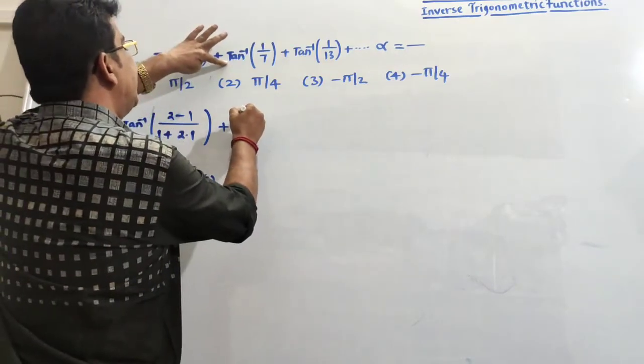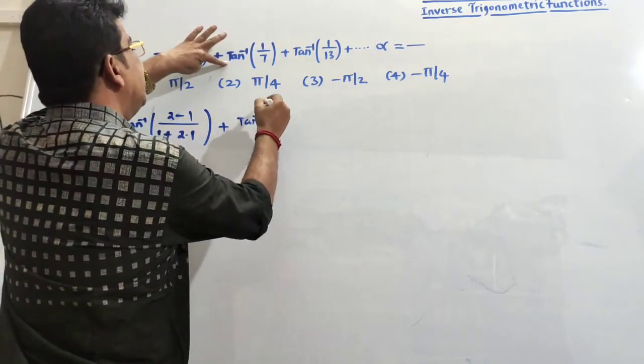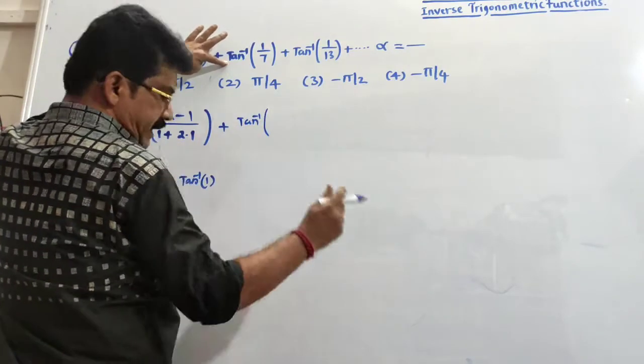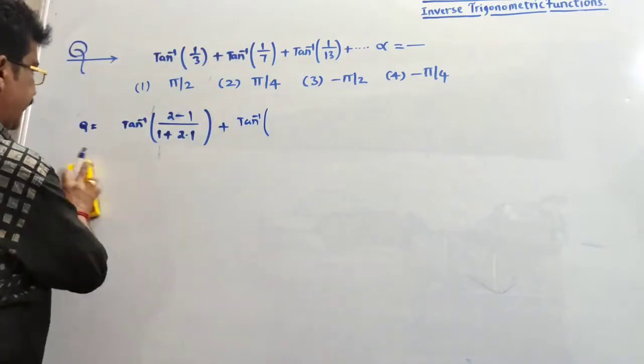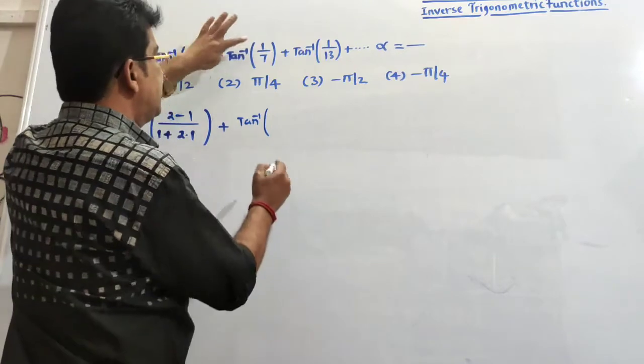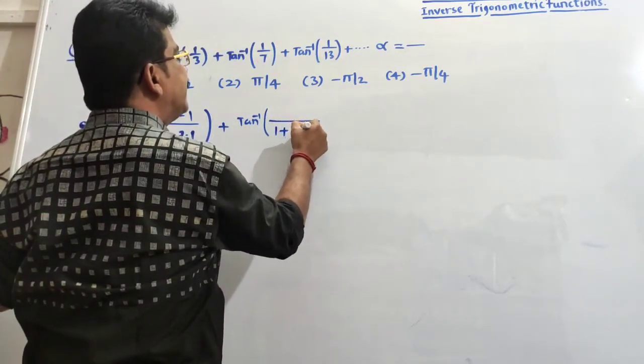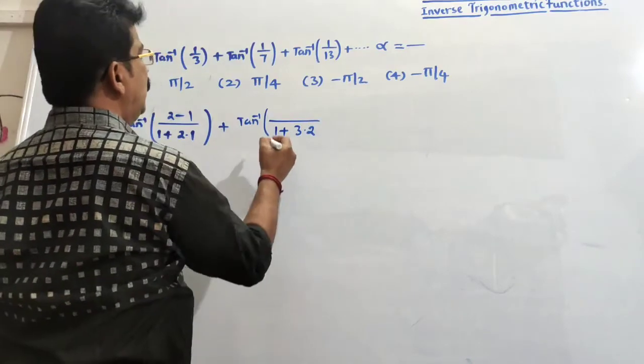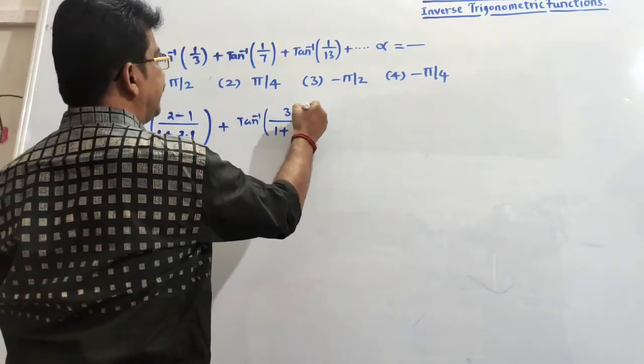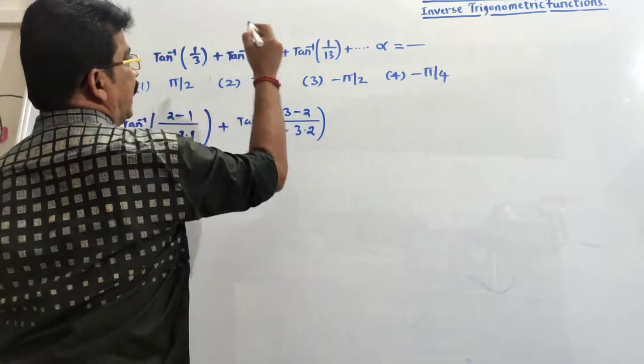Next, plus the second one. Similarly, it can be written as tan inverse of, 7 means 1 plus 6, 6 means 3 into 2. This can be written as 3 minus 2, 3 minus 2 is 1.